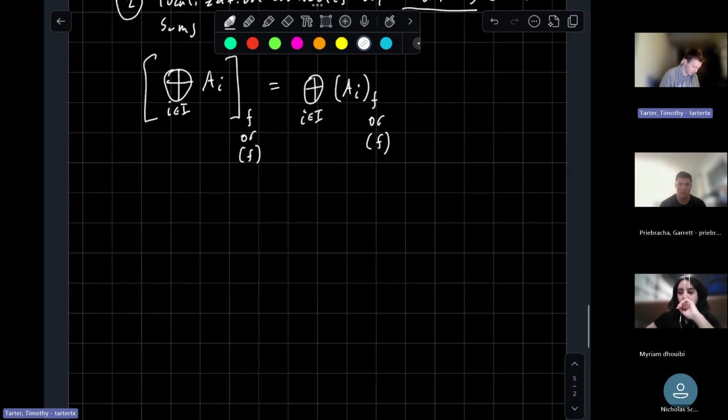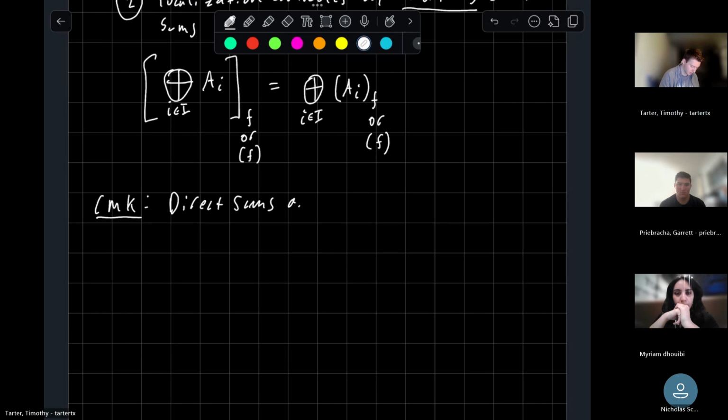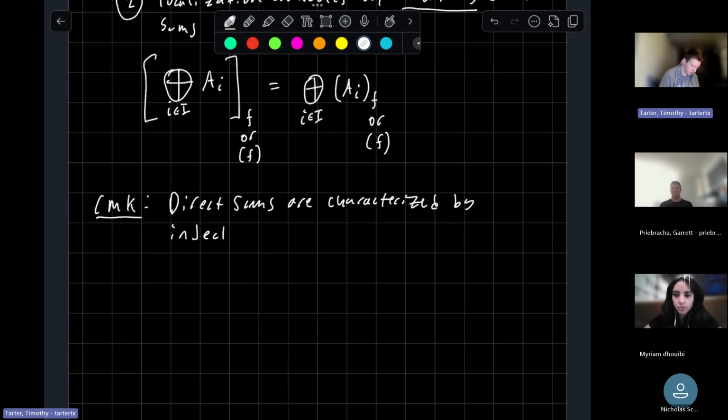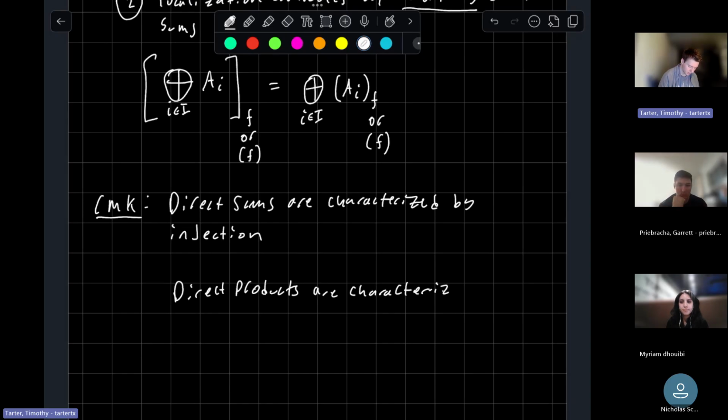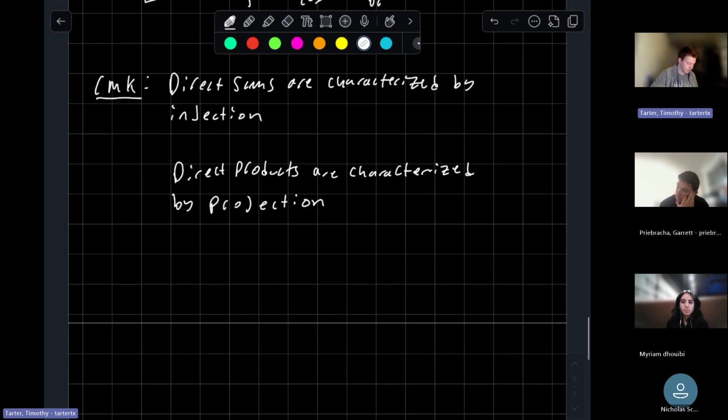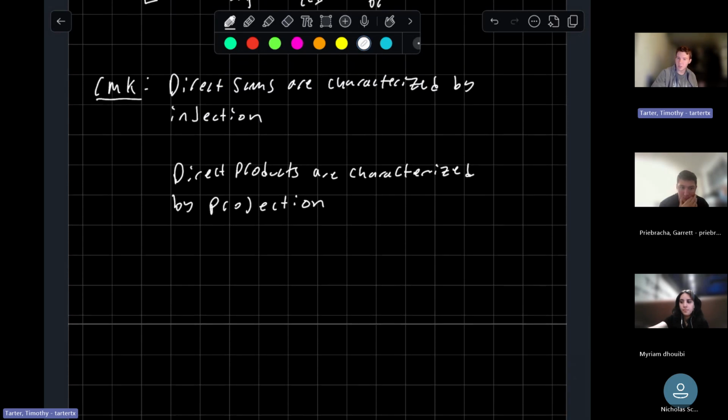What I'm seeing online is that direct sums are characterized by injection, whereas direct products are characterized by projection.